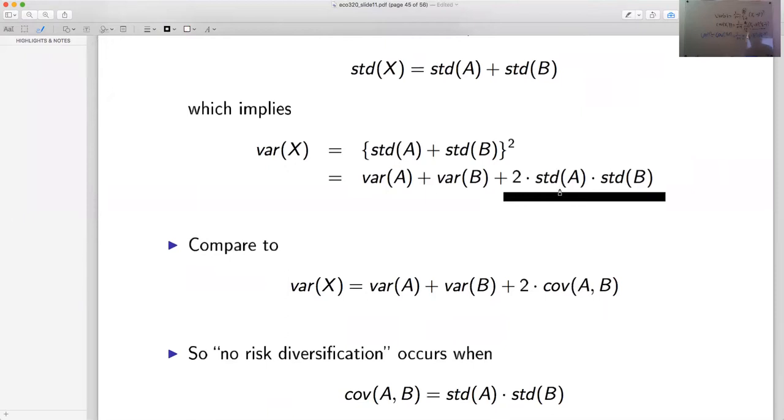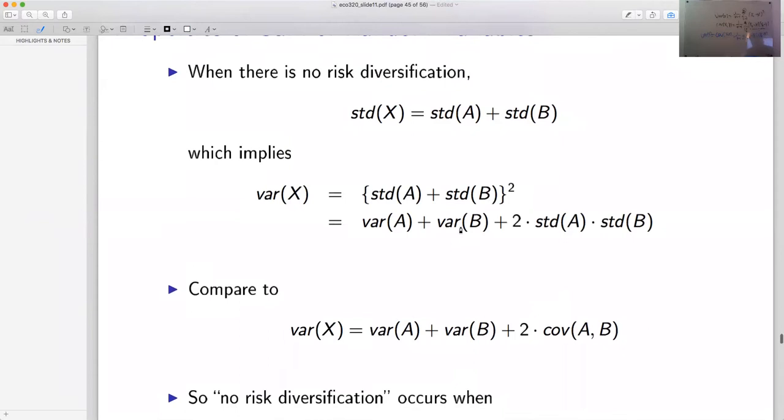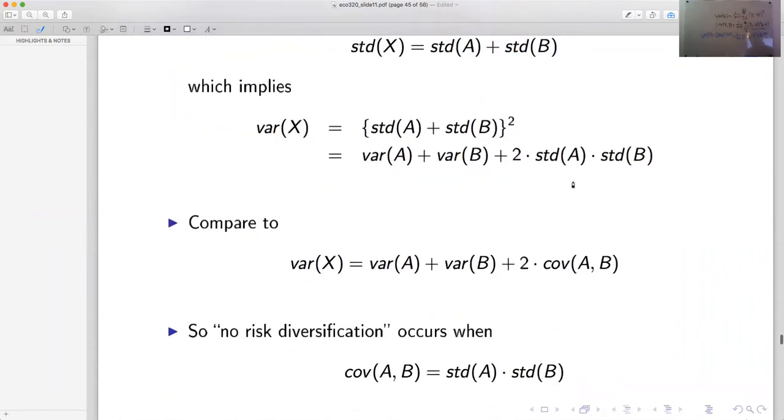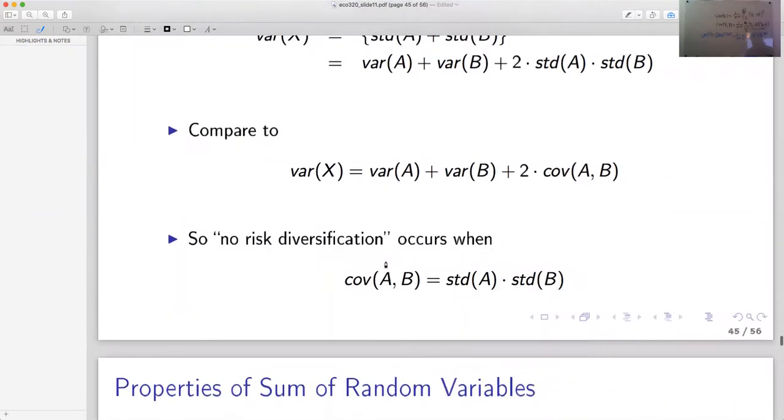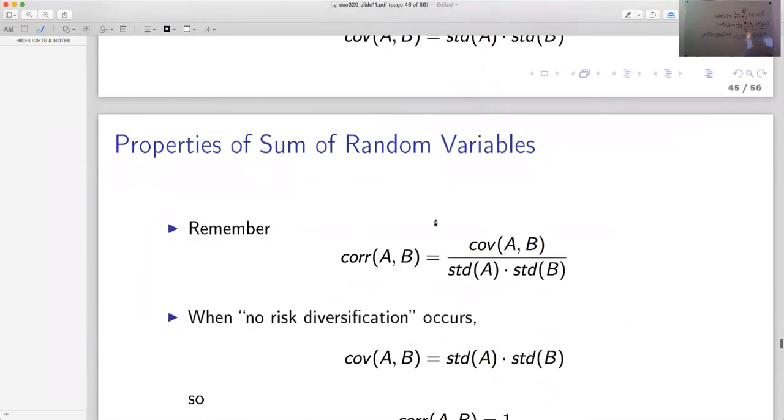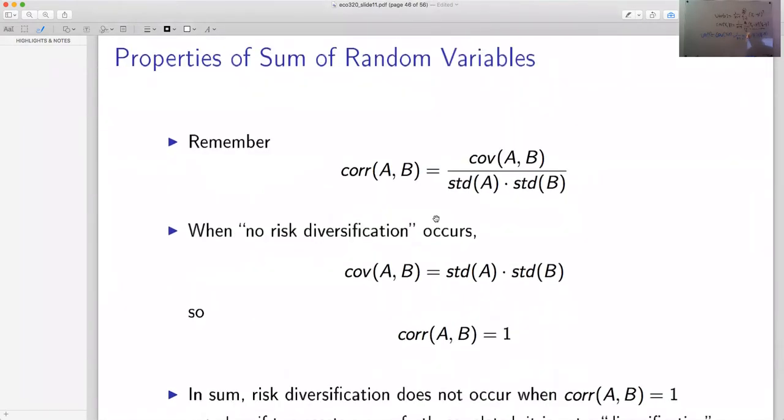If you decide to take a financial course, you're going to learn more deeply. So this simple relationship holds when there is no risk diversification, because the variance of x should be the same, that means if and only if these two are the same. This is important for later, if you're going to take financial economics.